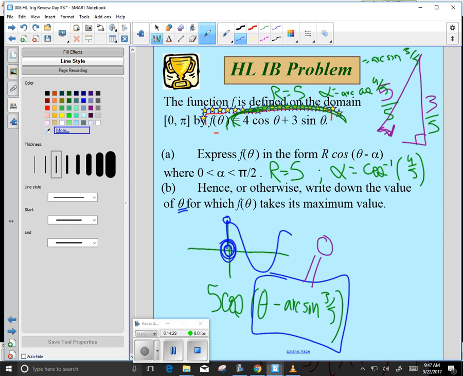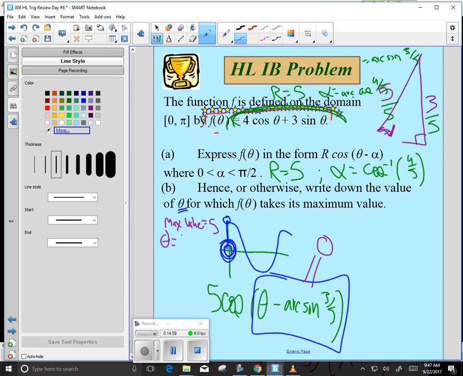That'll be your maximum. And then it says, write down the value of theta. They're not asking for the max value, because we know the biggest number it'll ever get is 5 times 1. But the theta to get there, the first one, the easy one, is going to be theta equal to what?